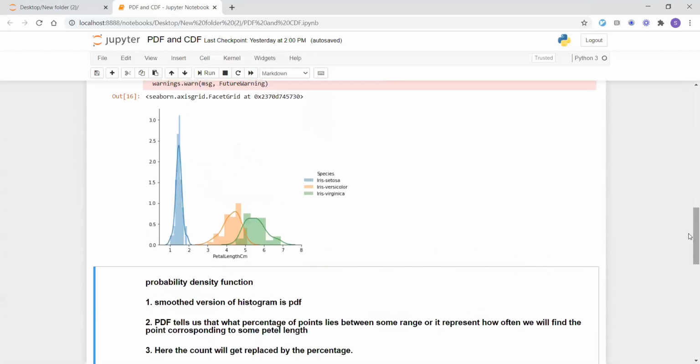From this example, suppose I want to build a model out of petal length only. I can create that model from this particular graph itself, because from this graph I can see that if the petal length of the flowers is less than 2, then those flowers are Setosa. It is very clear from the diagram, right?